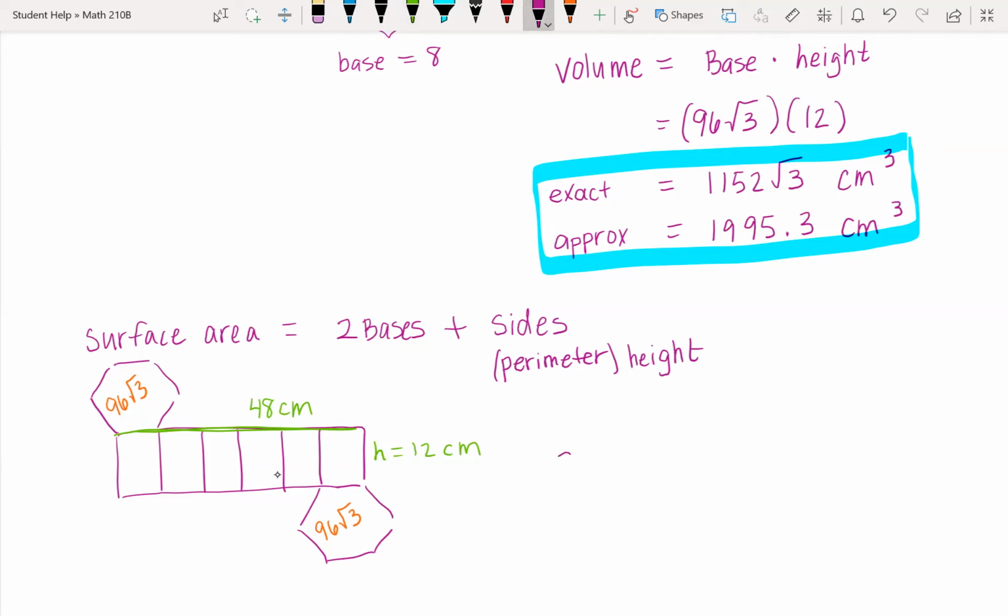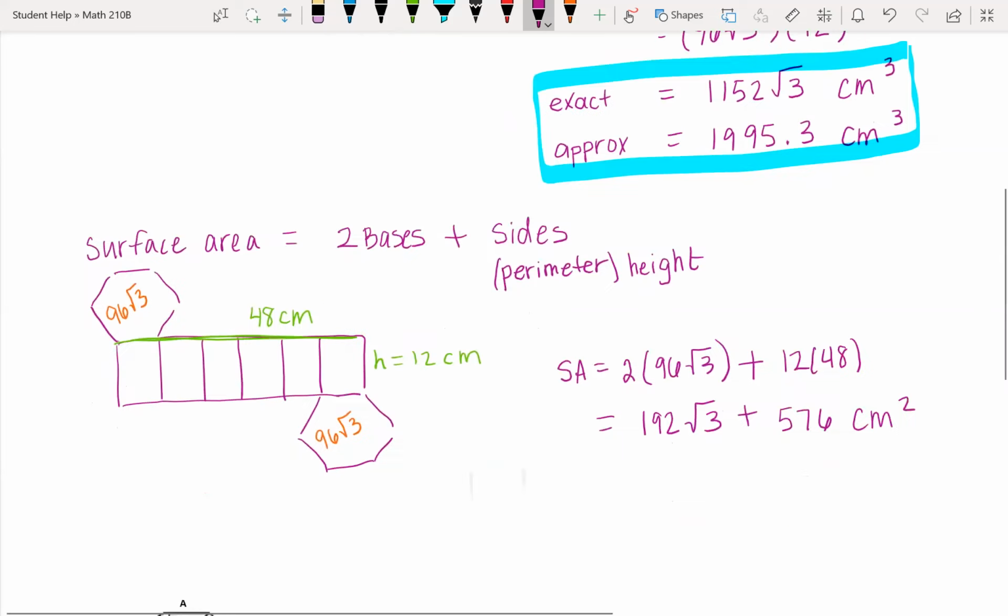So the surface area for this will be 2 times 96 times the square root of 3, that's for the two bases, plus 12 times 48, that'll get all the sides together. So this is 192 times the square root of 3 plus 576 centimeters squared.